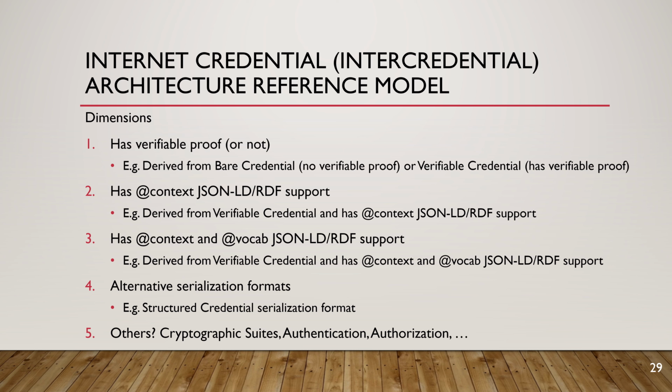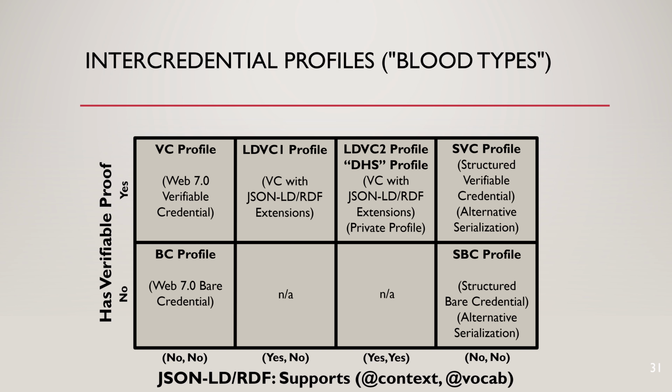To the right of that is the LDVC2 profile, which I call the DHS profile. It's the verifiable credential profile with both JSON-LD RDF extensions. That is, it has both @context and @vocab.